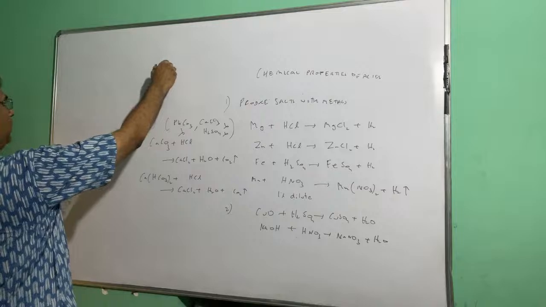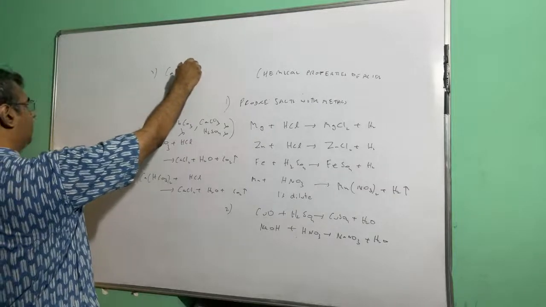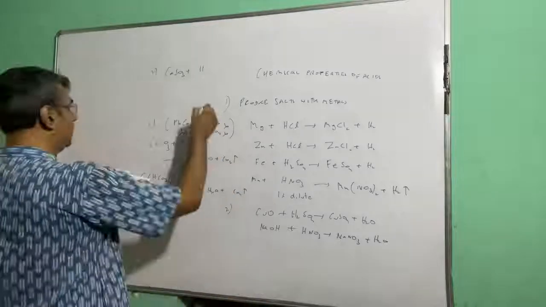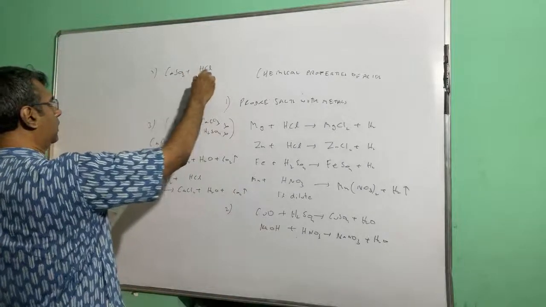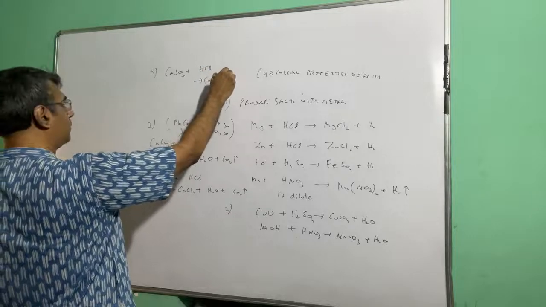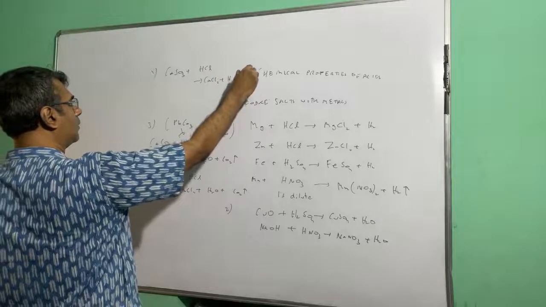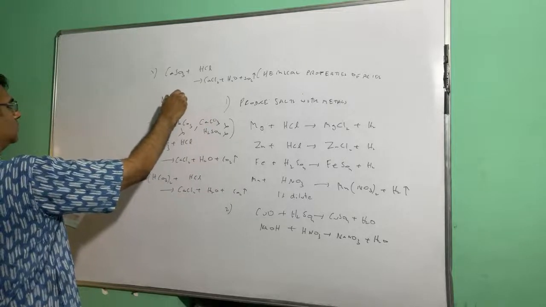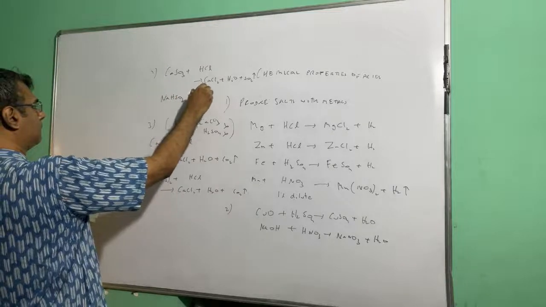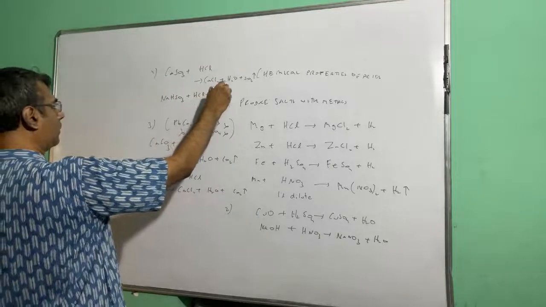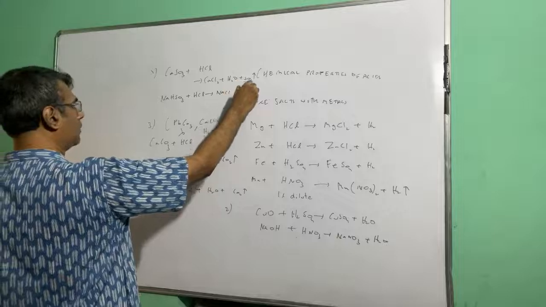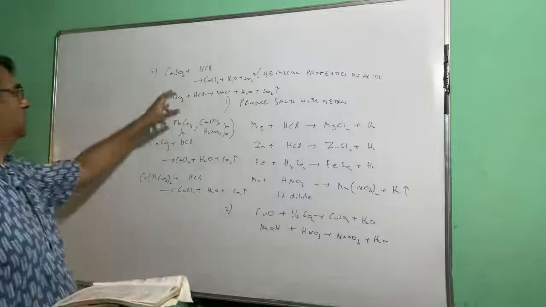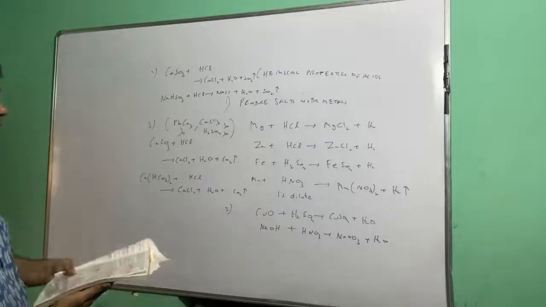Now just like in this reaction carbonate and bicarbonate give CO2, in the same way, if you use sulfite, then you will get SO2. If you use sulfite like CaSO3 and NaHSO3, you will get SO2.